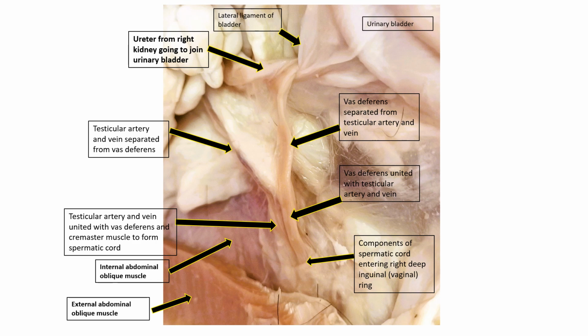Also notice that the ductus deferens passes medially to the ureter before reaching the ampulla. And this close relationship of the ductus deferens and the ureter is constant in all domestic animals. So forcibly pulling on the ductus deferens during castrations may tear the ureter away from the urinary bladder because of this close relationship.